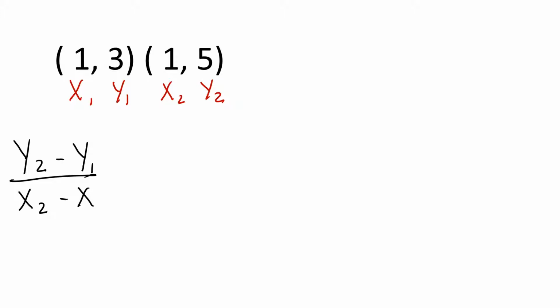For this problem, we have the point 1, 3 and 1, 5. So we go ahead and label it x1 and y1, x2 and y2. Go ahead and plug it in the slope formula, y2 minus y1 over x2 minus x1. y2 value is 5 minus the y1 value is 3. x2 value is 1 minus the x1 value is 1. 5 minus 3 is 2. 1 minus 1 is 0.